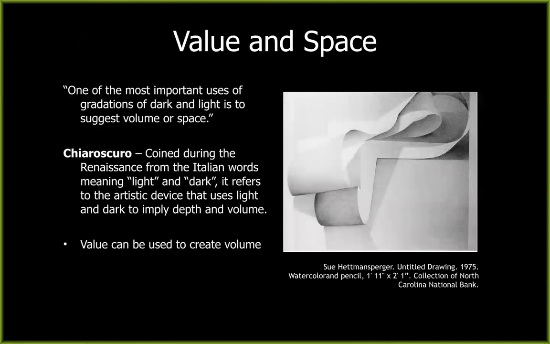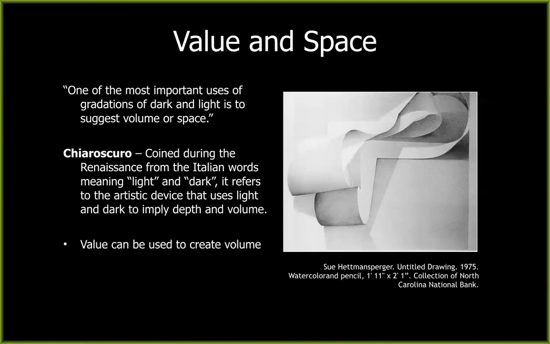We use value to create volume or space. And if you've taken a drawing or a painting class, no doubt you've done this yourself. This example here is a watercolor and pencil drawing that really beautifully gives you a sense of depth and three-dimensionality and space.